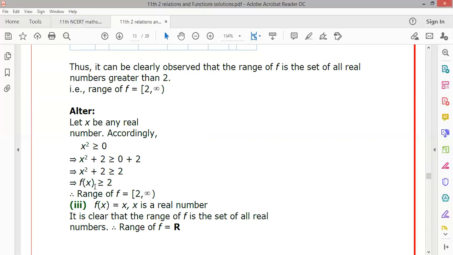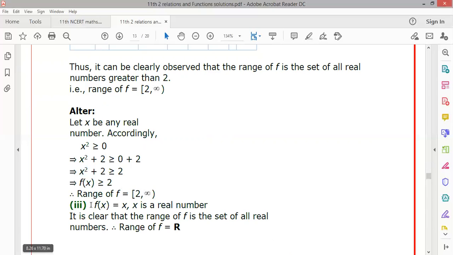This is actually the f of x defined in the question. So f of x will be greater than or equal to 2. That means the range of the function is greater than or equal to 2, so 2 is also attained. But it goes up to infinity, and infinity is not attained. So this is the range of the function.